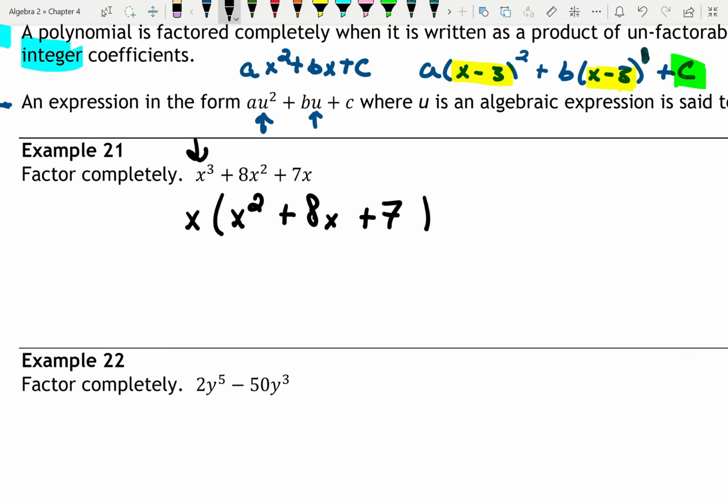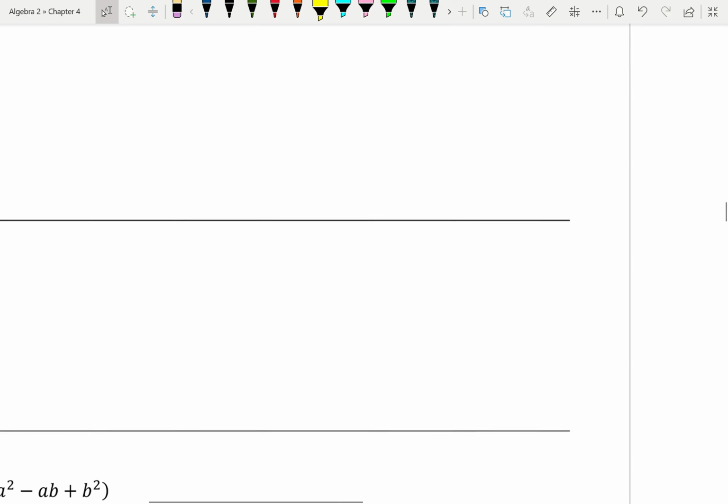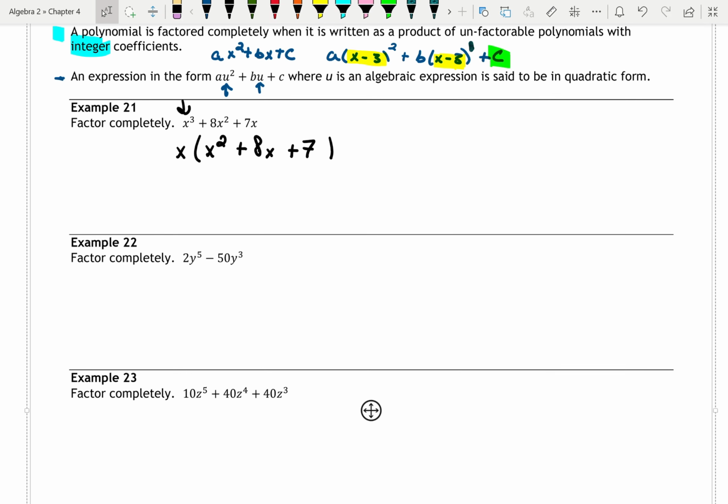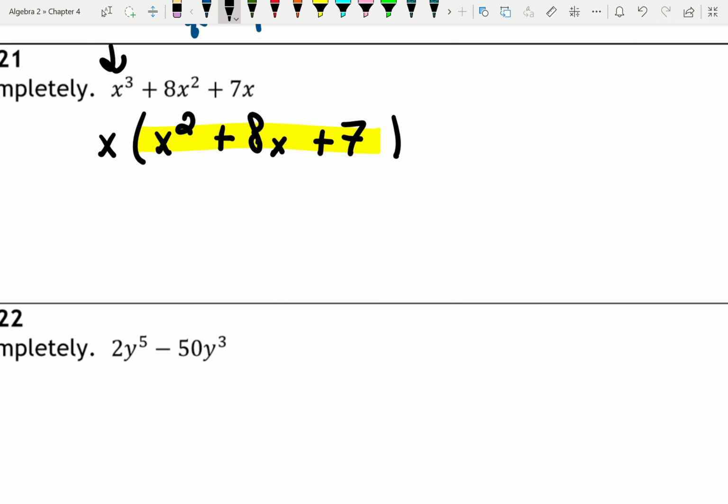And then I want to look for how I could factor this quadratic there. It's a quadratic trinomial, and we factored these before. If the quadratic piece has a 1 out front, and this one does, then we can really nicely just break apart the 7. So 1 times 7 gives you 7, and 1 plus 7 gives you 8. So we can have the x hanging out front still. He just carries down.